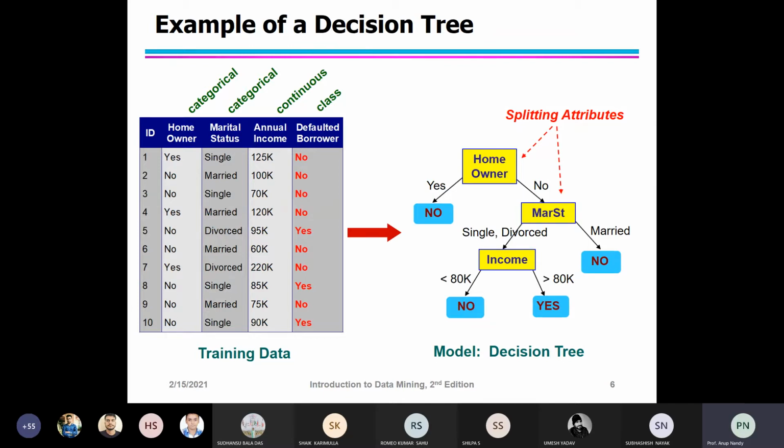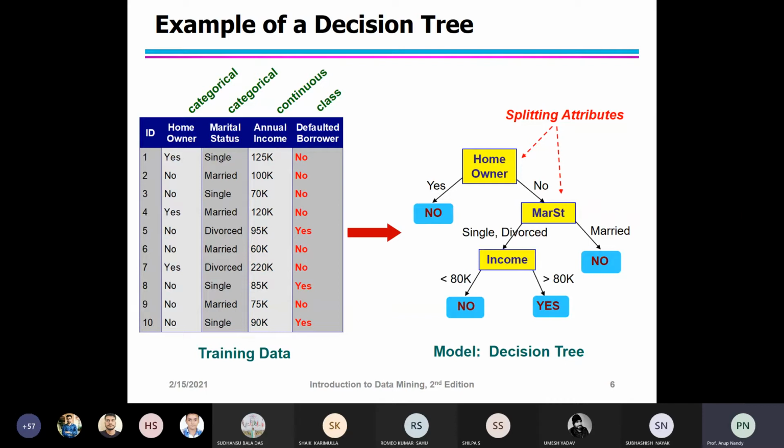So on body temperature you can split this node, and then you have two kinds of vertebrates: warm-blooded vertebrates and cold-blooded vertebrates. Since all cold-blooded vertebrates are non-mammals, you find a leaf node that will be labeled non-mammal. In this way you can carry on.